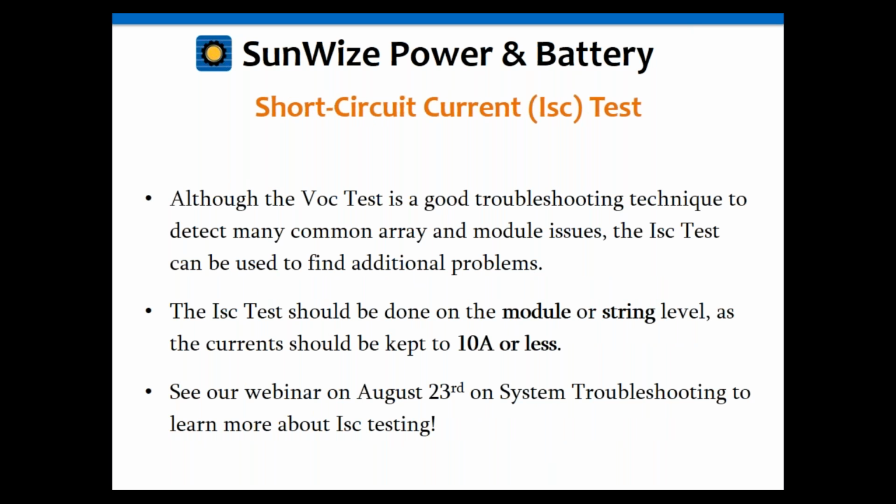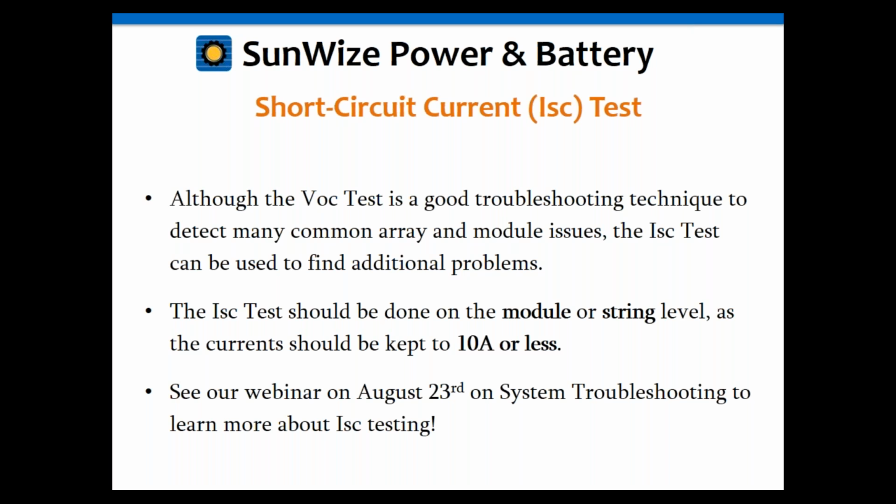Again, there are a lot of benefits of short circuit current tests as well, to double check some things. We'll talk about that more. The important thing to keep in mind with both of these tests, especially the short circuit current test, is that these are done with live solar modules. Anytime sunlight is present, there is current and there is voltage. So there can be a shock hazard associated with this, and when dealing with the current, an arcing hazard.